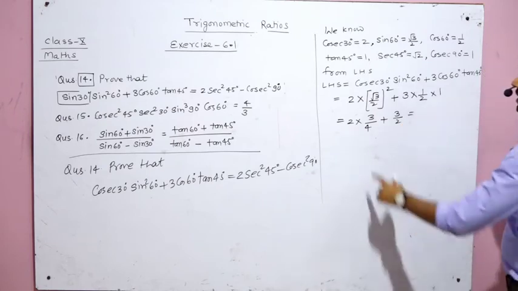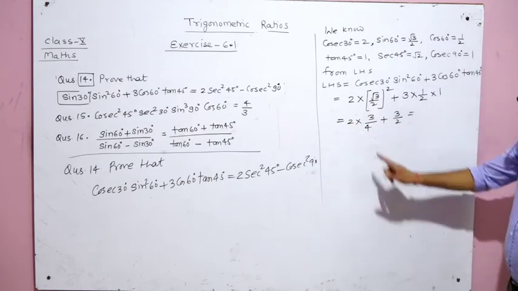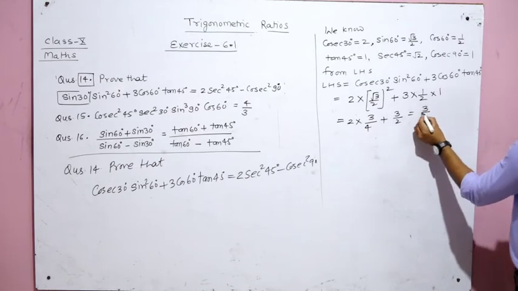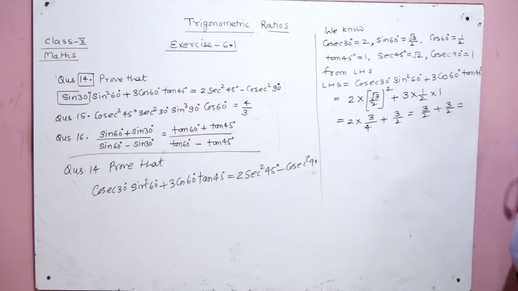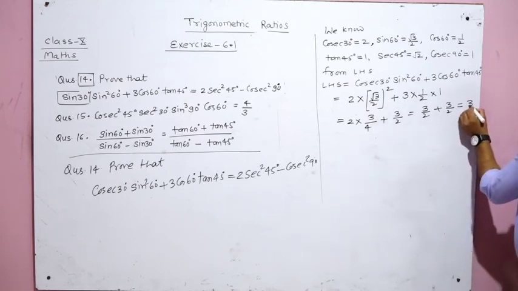The 2 is cancelled by the 4. So we have 3 by 2 plus 3 by 2, taking LCM as 2: 3 plus 3 is 6, 6 by 2 means 3.